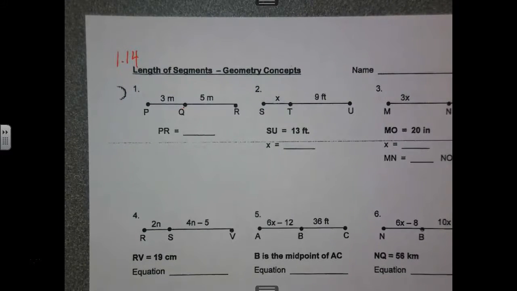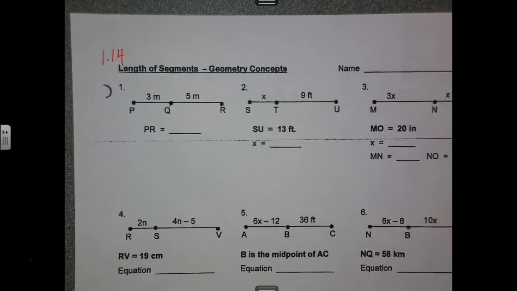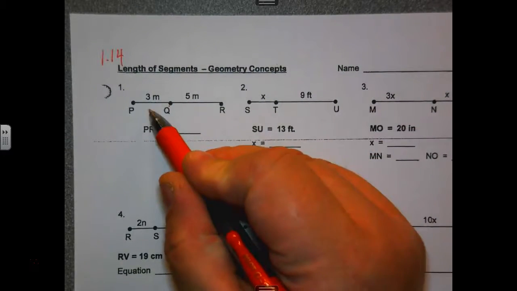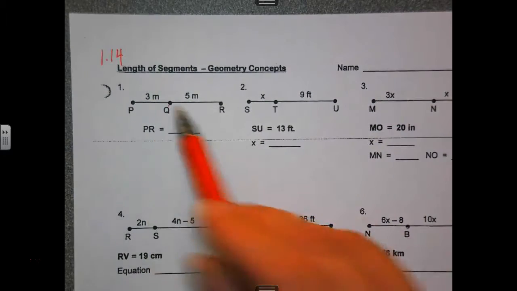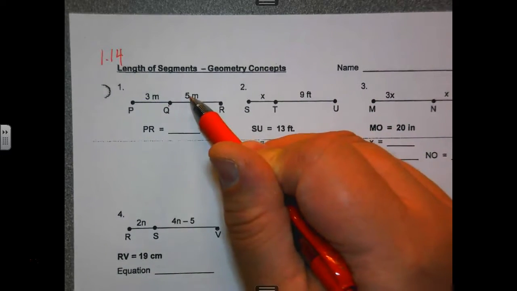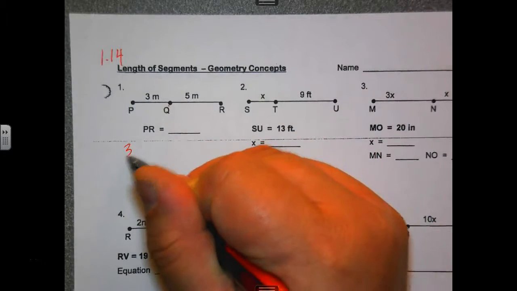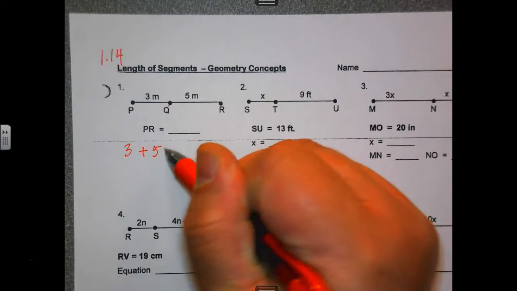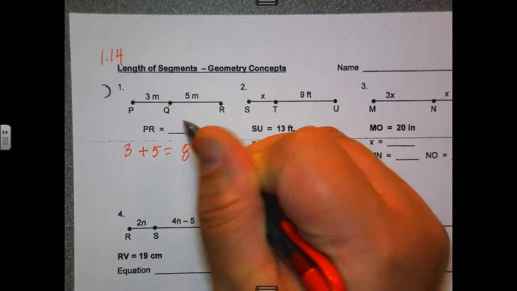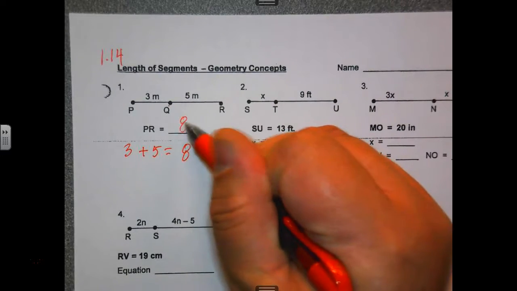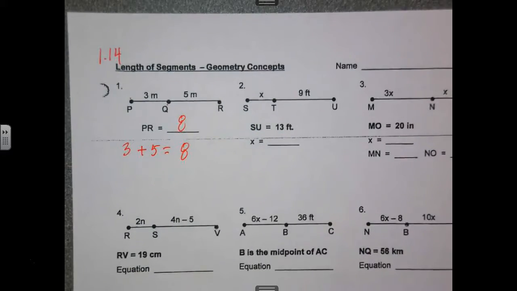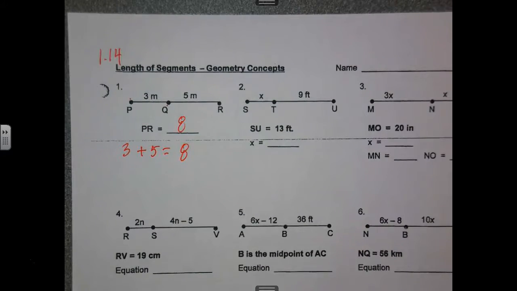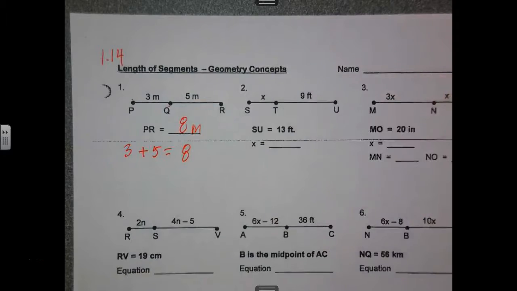Two little things add up to one big thing. So line segment PQ is 3 meters, and I add to it 5 meters. That gives me a total of 8 meters. Again, the length from P to R, the length of the line segment, is 8 meters.